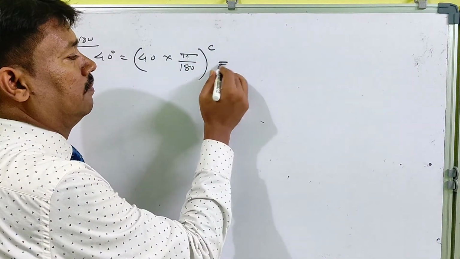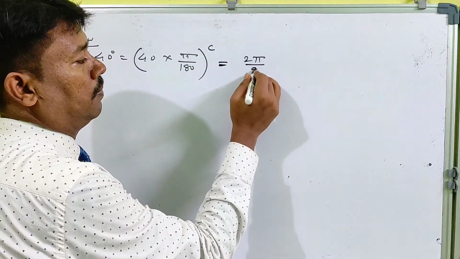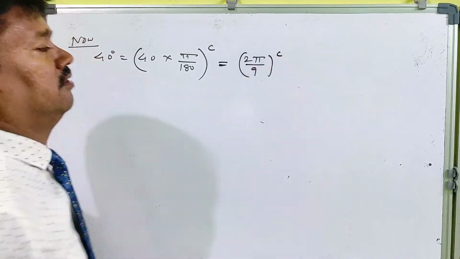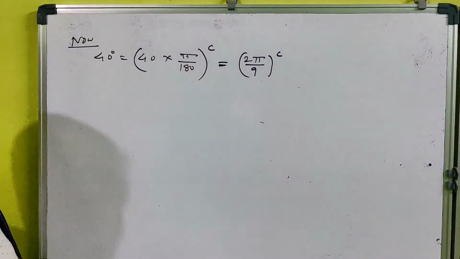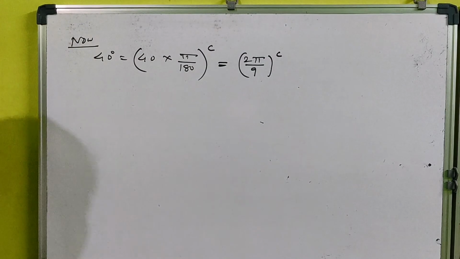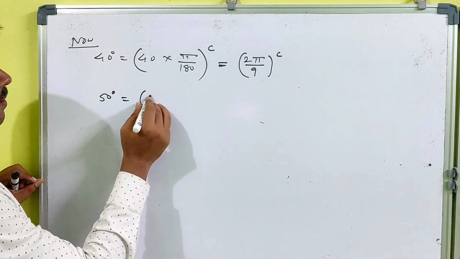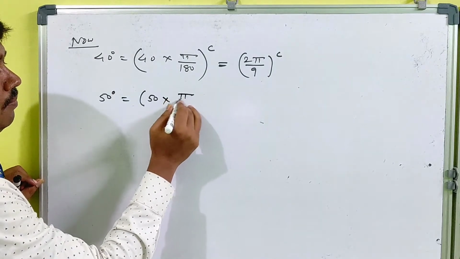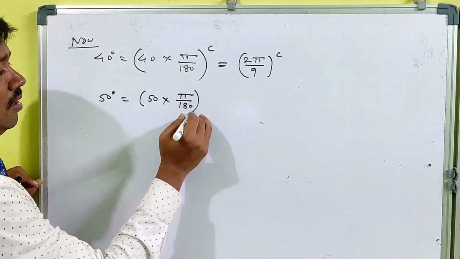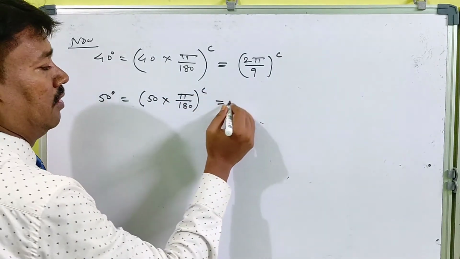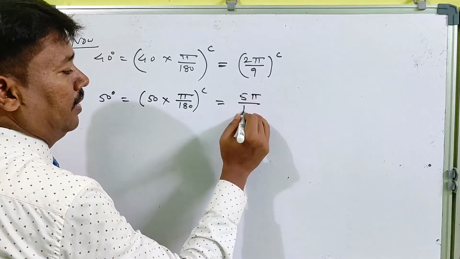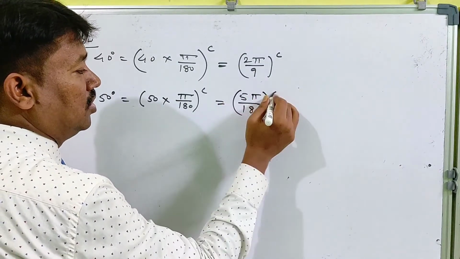It is nothing but 2 pi by 9 radian. 40 degrees is nothing but 2 pi by 9 radian. Similarly 50 degrees, 50 into pi upon 180, that is nothing but 5 pi by 18 radian.